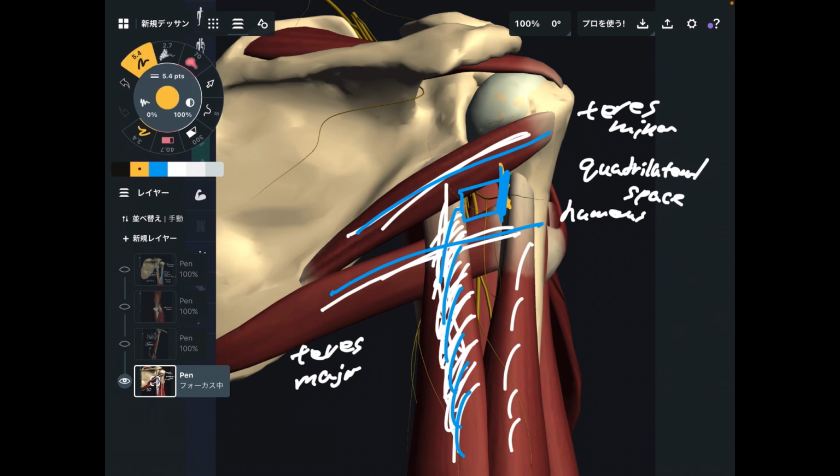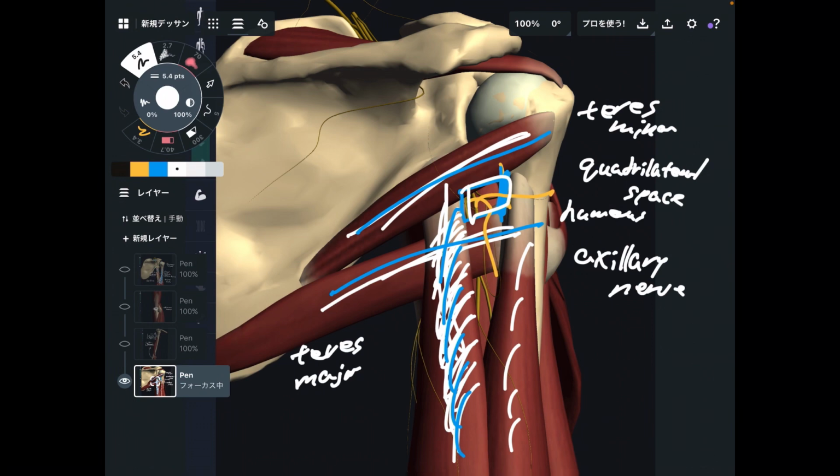Then, what nervous tissue penetrates this quadrilateral space? This is the axillary nerve. This nerve is very important for the posterior shoulder joint. When the axillary nerve gets impingement, there can be shoulder dysfunction, particularly on the posterior part.